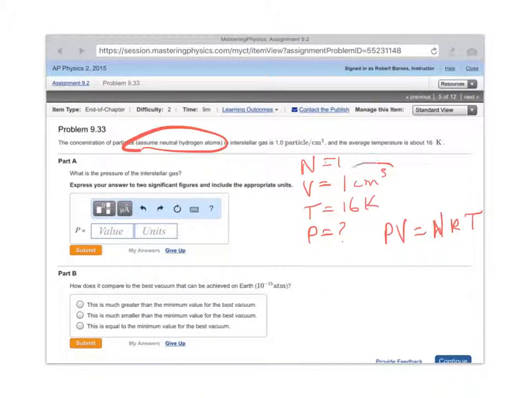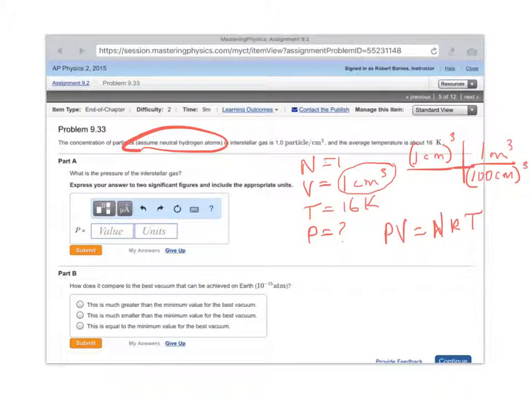We need to convert this into cubic meters, all right? So 1 cubic centimeter, and there are 100 centimeters in 1 meter, so I need to divide that by 100 3 times, all right?